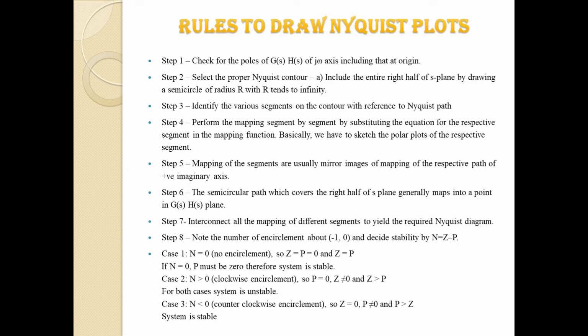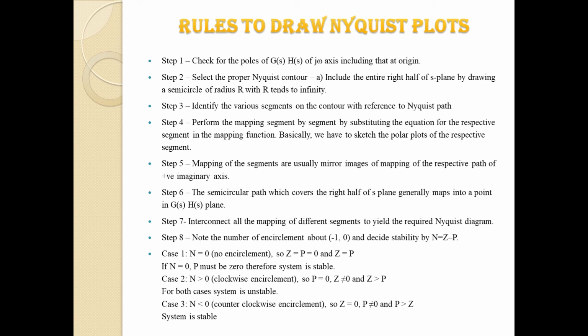So, first check the steps. First we need to find out the number of poles of G(s)H(s) on the j omega axis, including the origin or not. Next, we need to find out the proper Nyquist contour.